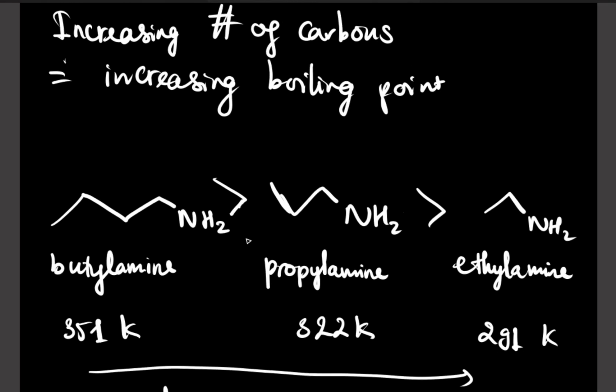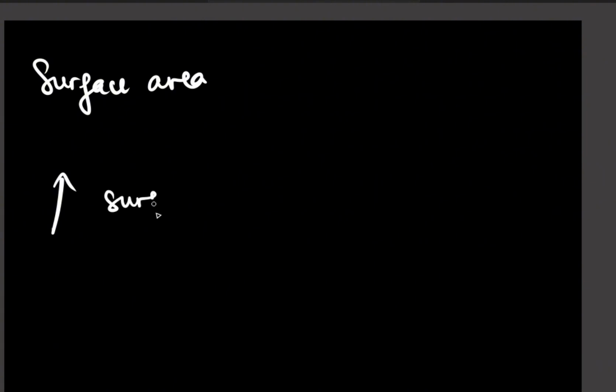And lastly, another factor that we need to consider in order to determine whether a substance has a high boiling point or low boiling point is the surface area. An increase in surface area means an increase in boiling point.